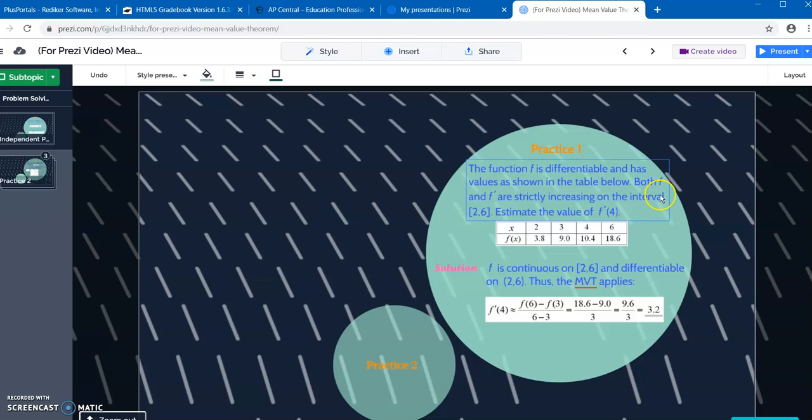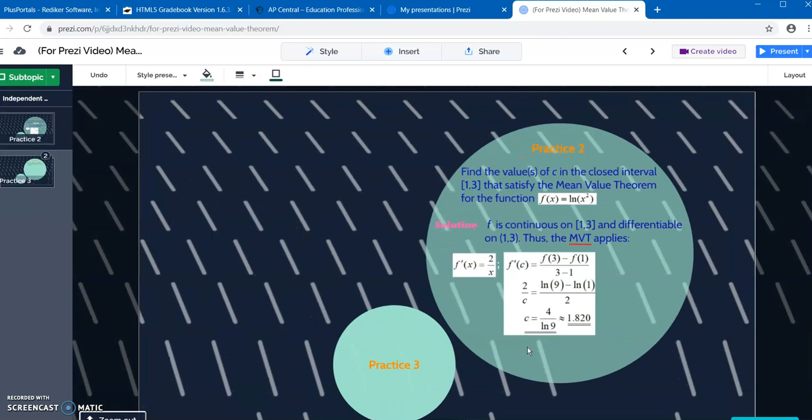We look at this interval and find that 4 is between 3 and 6, so we could use 3 and 6. Those are the closest values to 4 from the left and from the right. We verify that the hypothesis of the mean value theorem is satisfied here, and then we plug into our average rate of change, and we use that to approximate the derivative of the function at 4.